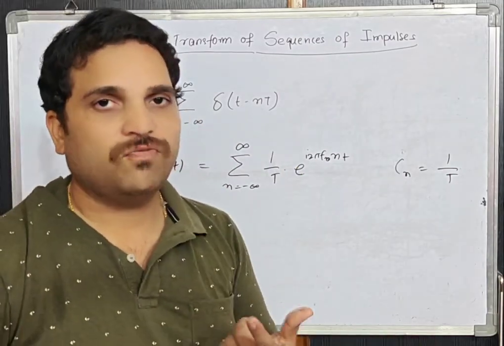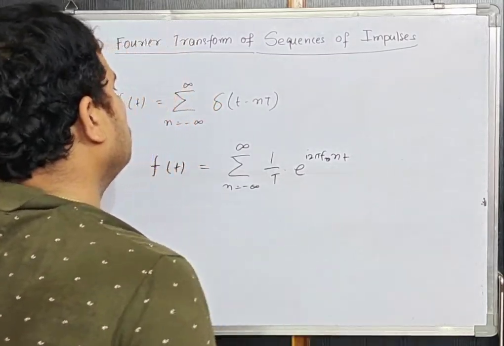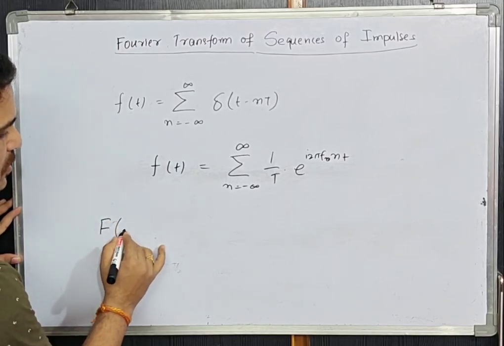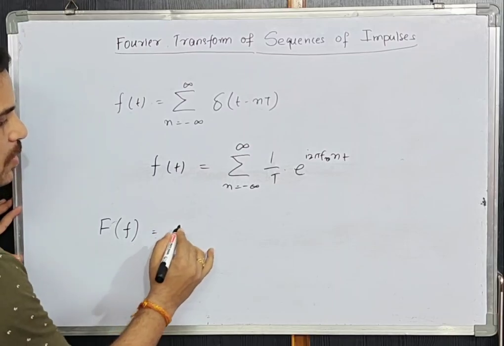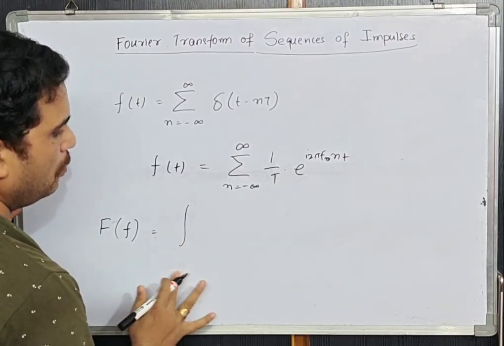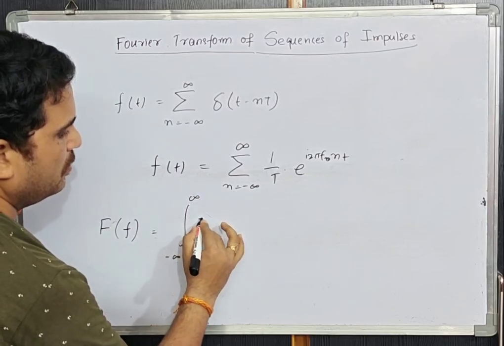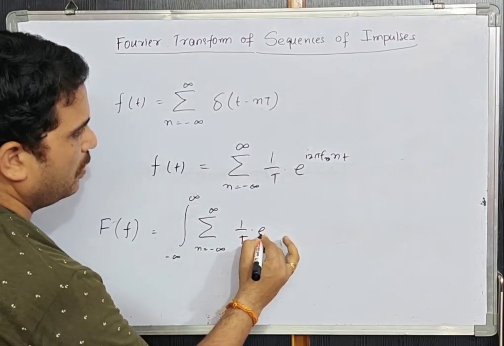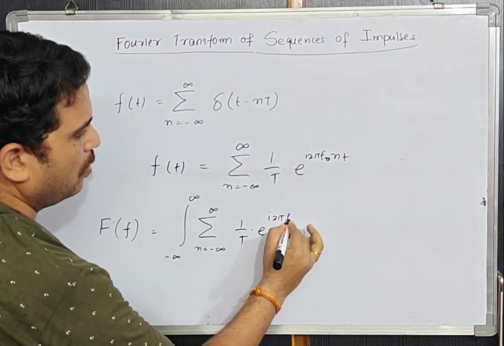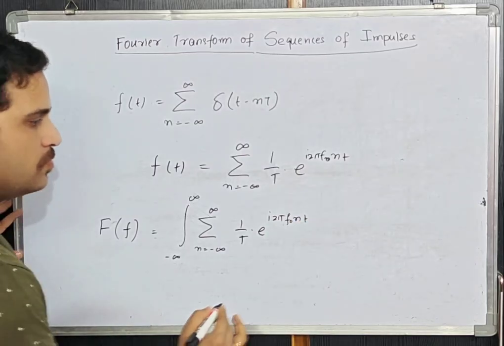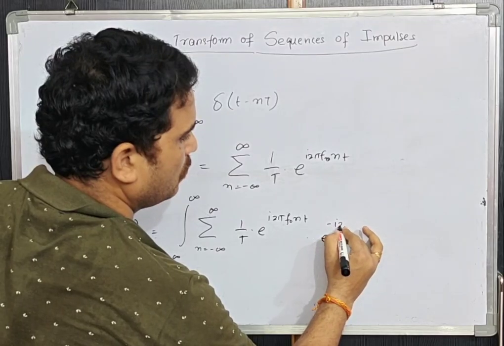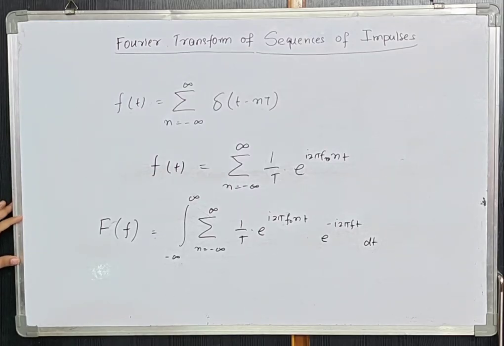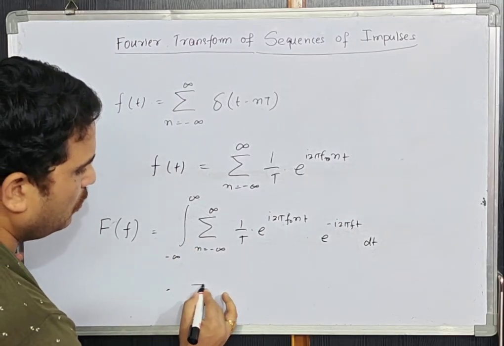Now what I have to find is the Fourier transform of it. So I will find the Fourier transform of this function, in the form of frequencies: integral from minus infinity to plus infinity, summation of n from minus infinity to plus infinity, 1 by T. I can take the summation out.